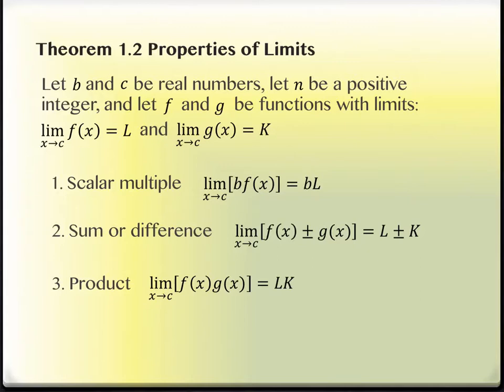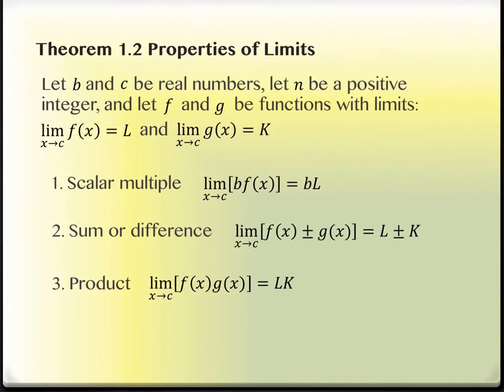So you see the L and the k getting added or subtracted equivalently. And the last one, the product, again, is what you would expect. So when you have two functions multiplied and they have limits, then if you're taking the limit of that product, you're going to get the product of the limits, L times k. So everything is exactly what you would expect it to be.